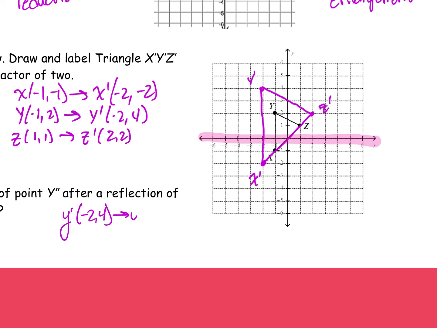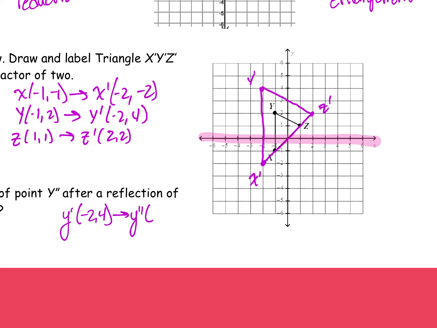After the reflection, where is it going to be at? Over the x-axis, not the y-axis. I highlighted the axis we're reflecting it over. That would have been if you were reflecting it this way. We want to reflect it this way. Does that make sense?